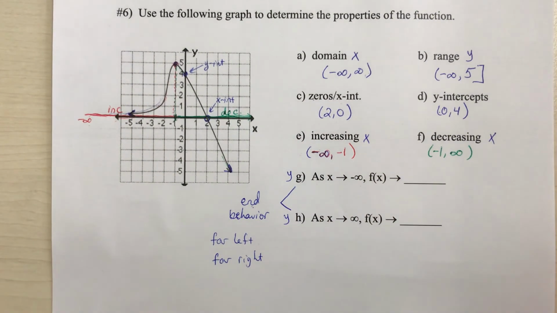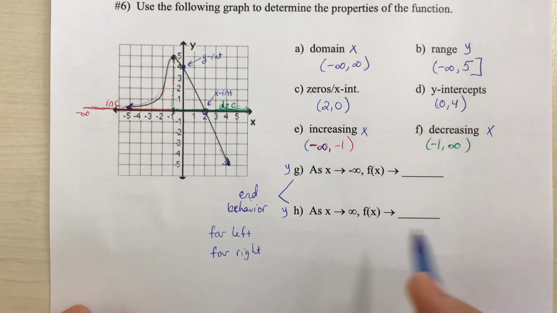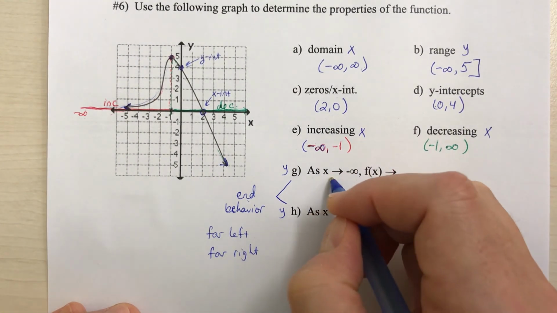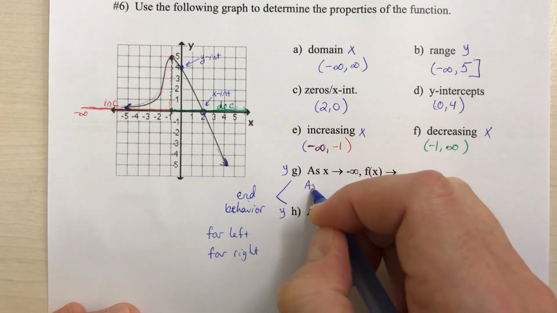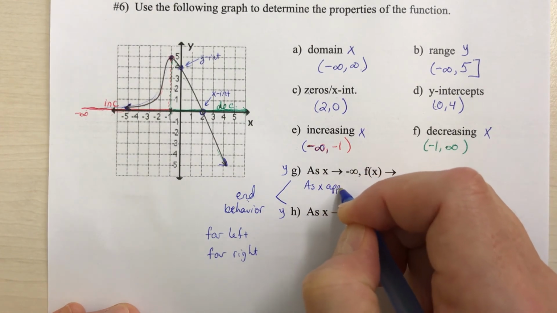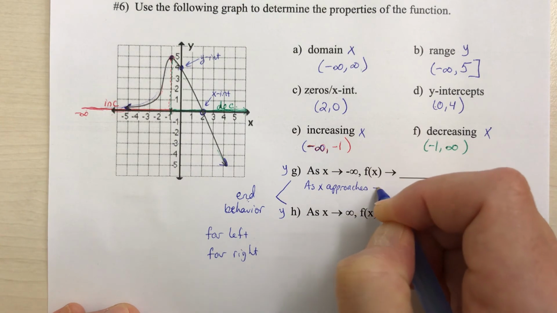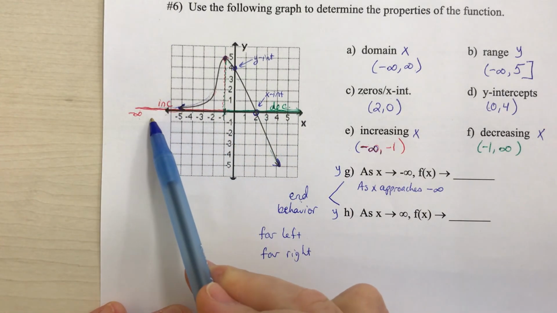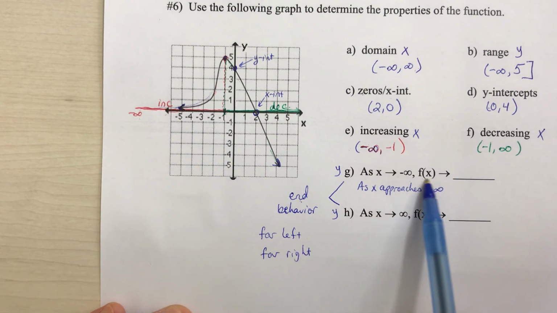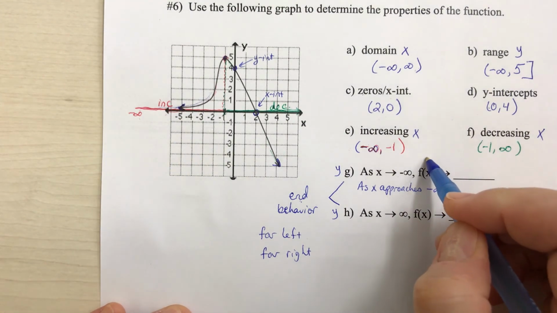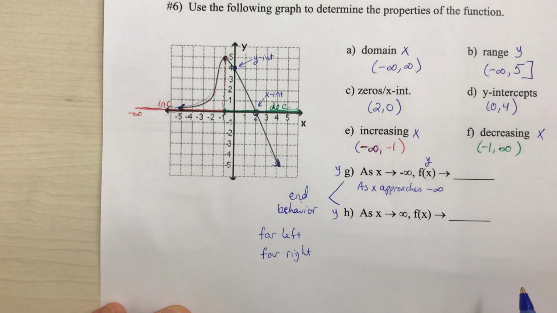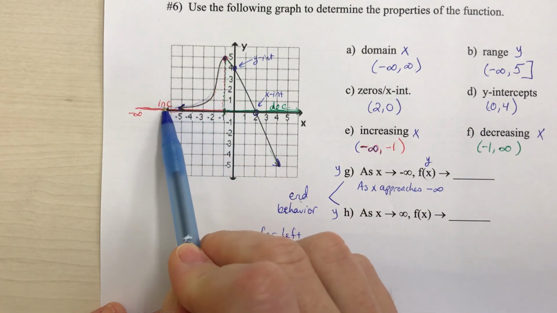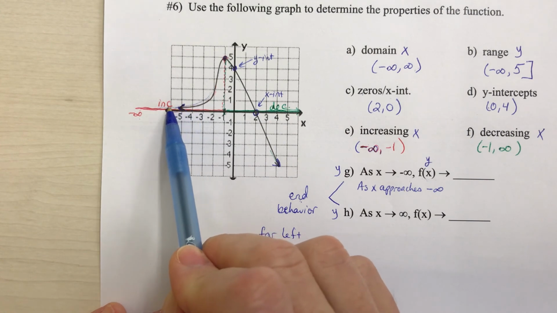The end behavior, what we give is the y values. Now, here's how we read this. As x approaches negative infinity. In other words, as we go far to the left, what happens to f of x? And remember, f of x is the same thing as y.